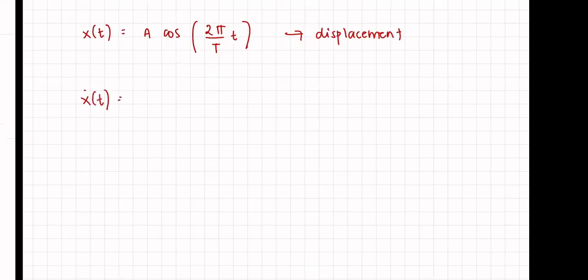So, si A is amplitude, treated yan as constant. Then, si 2π over T, since yung displacement natin is in terms of time, ibig sabihin, itong 2π over T natin, treated also as constant. So, basically, ang dinederive natin is yung trigonometric function lang natin.